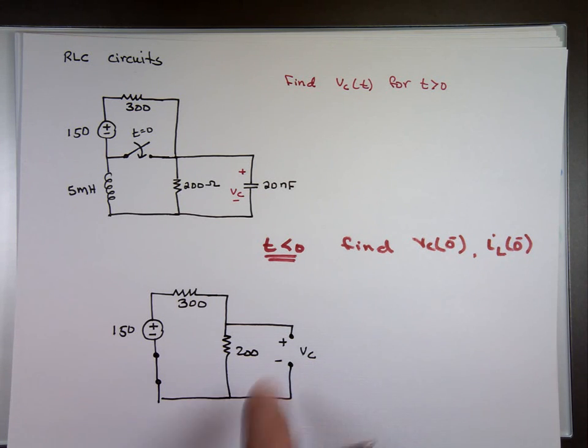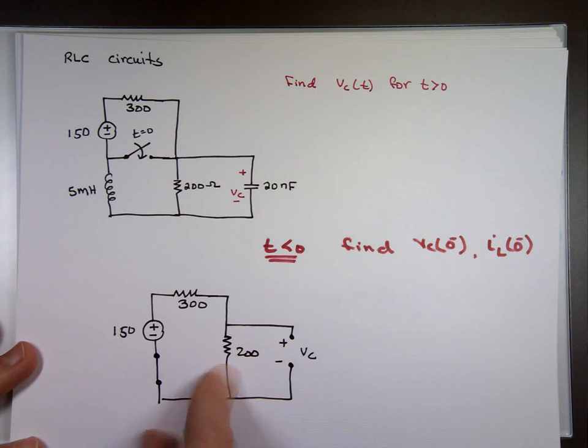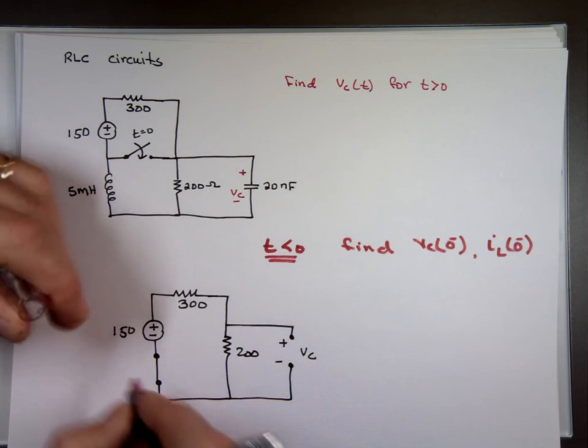So the voltage across the capacitor is going to be the same thing as the voltage across that resistor. So if I know what the current through that is... Our book defines I sub L, by the way, as the current coming down.